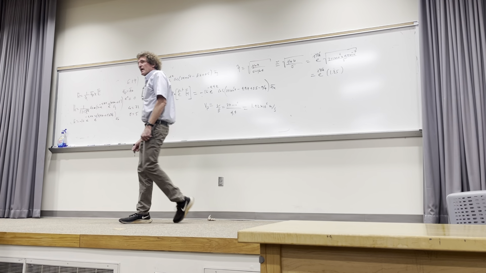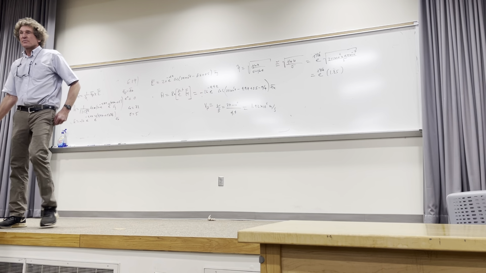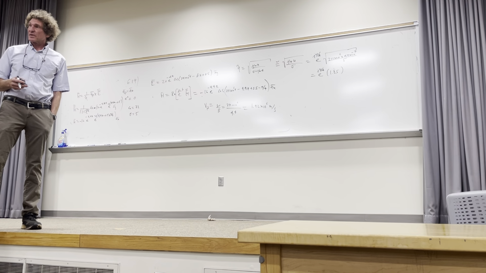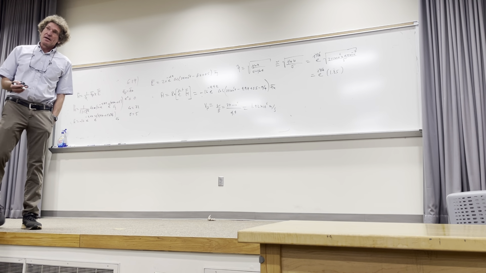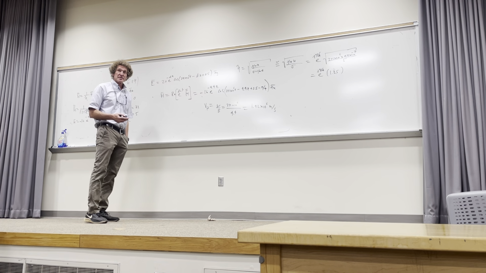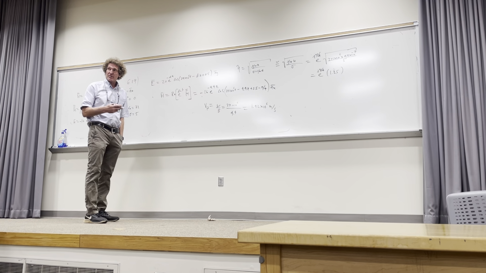What's the speed of light in a vacuum? 3 times 10 to the 8th. You notice, orders of magnitude slower than the speed of light in a vacuum. That's important to remember. Lossy materials, or high dielectrics, in this case both, slow things down a great deal. Remember that in terms of the velocity of propagation.